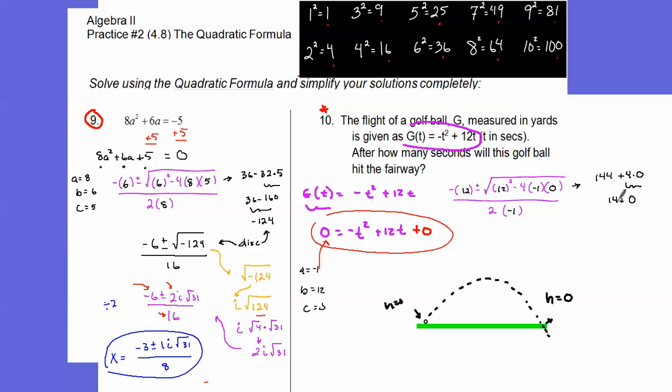Therefore, the discriminant is going to be simply 144. This discriminant then needs to return to the math problem. I will have square root 144 behind the plus or minus, and I will have -12 in front. All of that will be divided by -2.